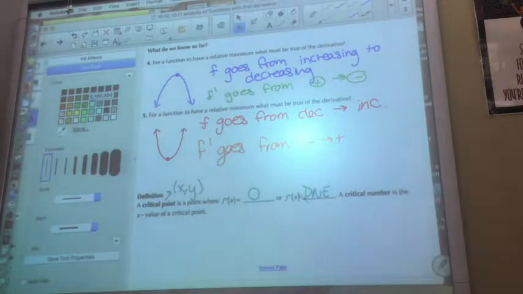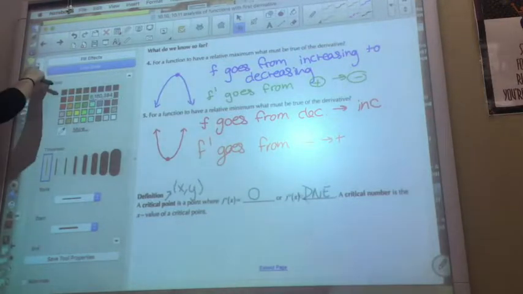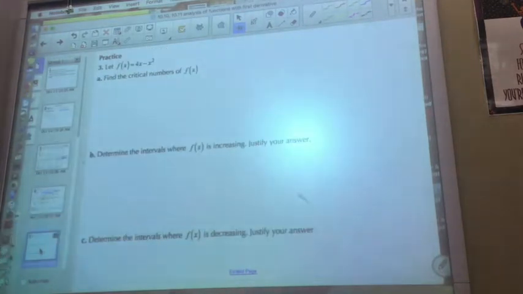A critical number is the x value of that critical point. So when we talk about critical numbers, we're talking about our x value, where our derivative either equals 0 or does not exist. And then a critical point is that actual point. Does that seem okay?